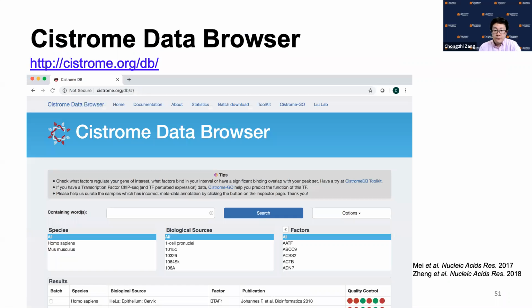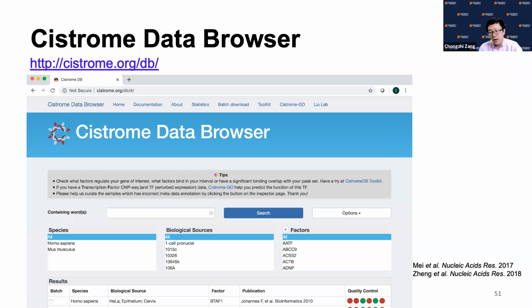And if you are very specifically interested in ChIP-seq, there is a database called Cistrome Data Browser, which is one of the most complete data collections for all publicly available ChIP-seq data for human and mouse, focusing on high quality transcription factor and histone modification data. Say if you are interested in some transcription factor, or you want to see in what cell types we can find ChIP-seq data for this factor, you can browse this data browser to find those data.